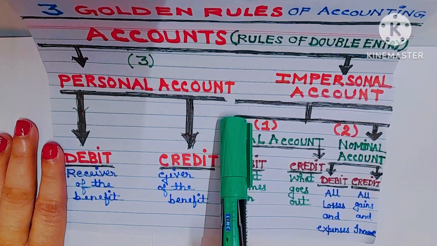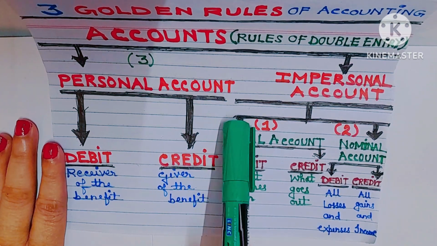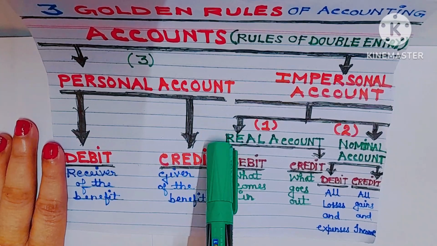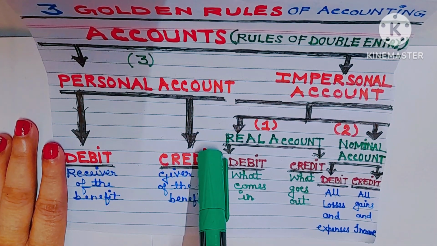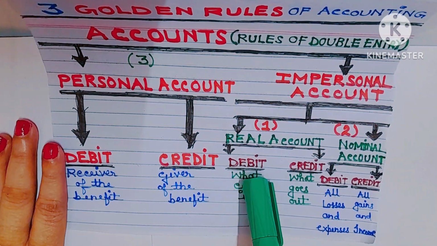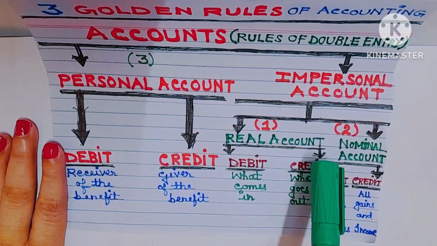A personal account is an account related to persons or individuals or firms or companies. Personal account is then classified into 3 categories. Number 1, natural. Number 2, representative. Number 3, artificial. What are the examples of natural persons? Ram account, Ramesh account, Rajesh account, Mamuni account, etc.